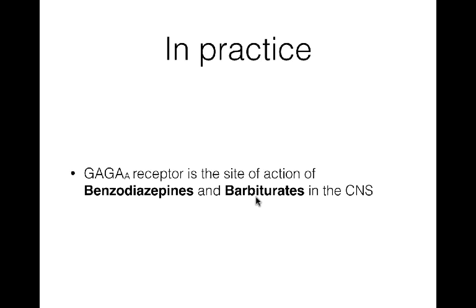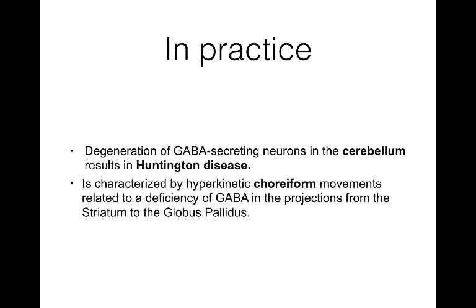Also, I want to talk to you about Huntington. There is a disease called Huntington disease. In Huntington disease, people are going to lose or degenerate their GABAergic neurons, the neurons that release GABA as a neurotransmitter. They start moving unintentionally. This type of movement is called choreiform movement.